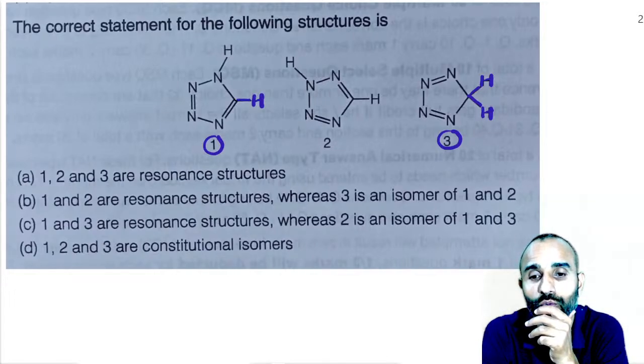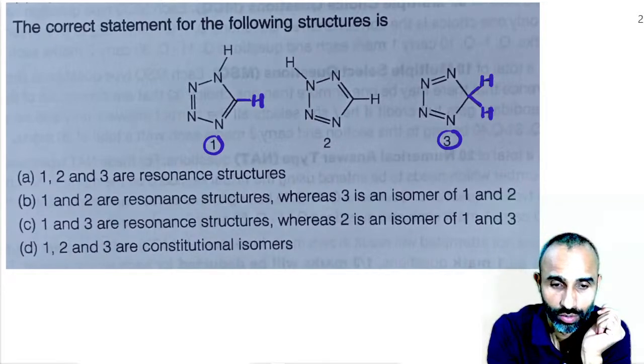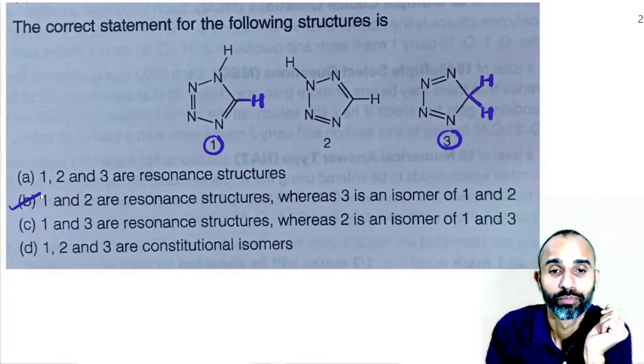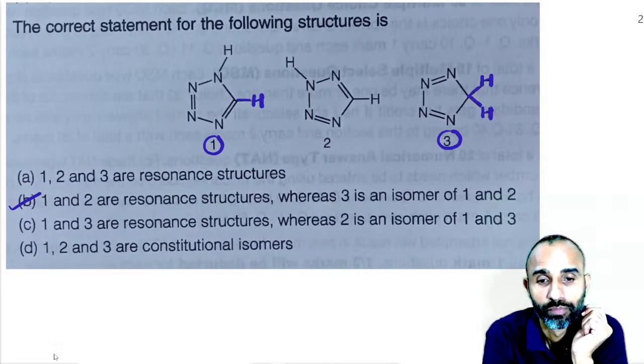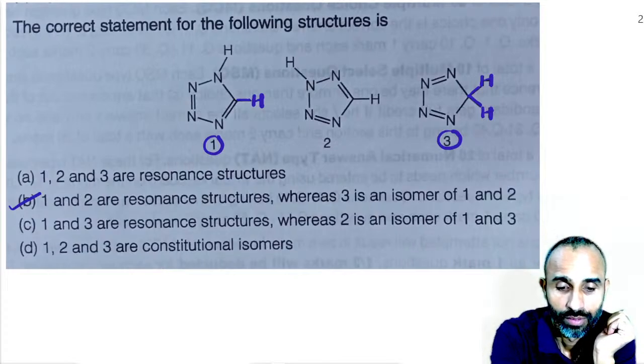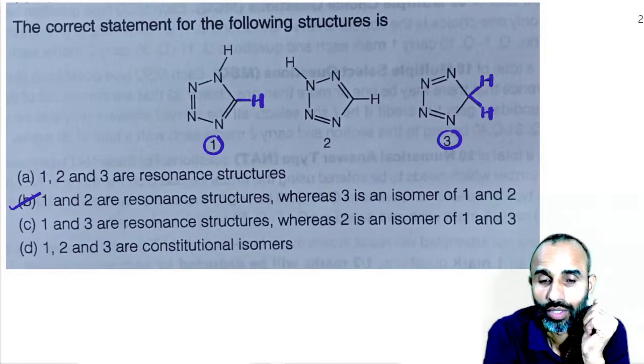One and two are resonating structures, and three will be an isomer. C is an isomer of 1 and 2. So that means option B is right.